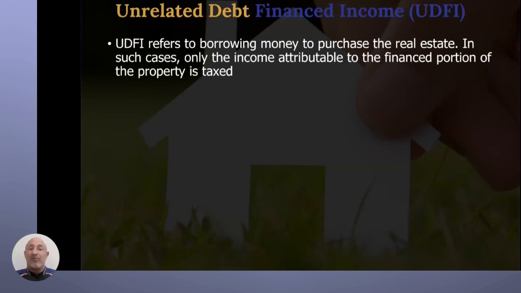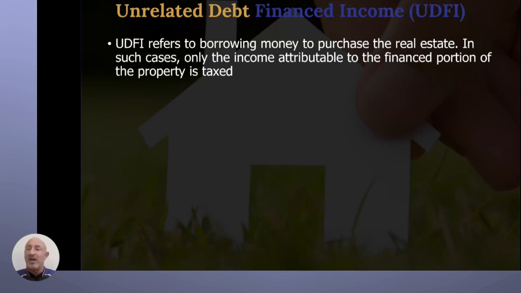Unrelated debt financed income refers to borrowing money to purchase the real estate. In such cases, only the income attributable to the financed portion of the property is taxed. So, a $10 million deal, $3 million is equity, $7 million is debt.